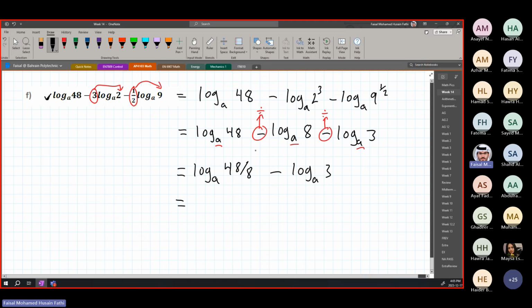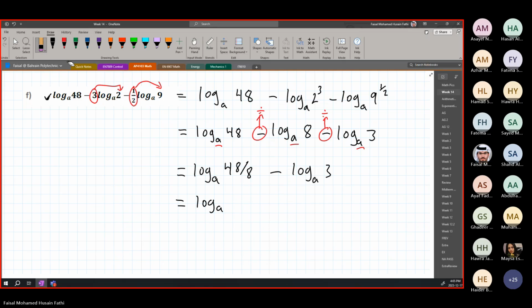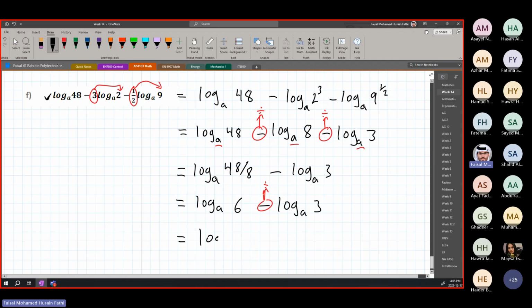So this is equal to 48 divided by 8 is 6. Oops. Log A of 6 minus log A of 3. Again, this will turn into division. Equal to log A of 6 divided by 3, log A of 2.